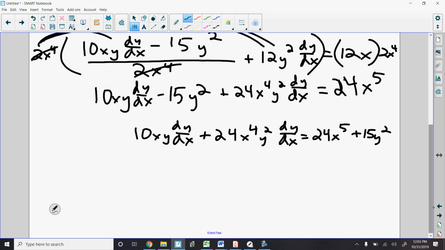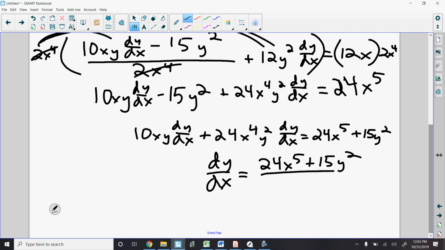So as I added that 15y squared over because it was negative over here, it's going to end up positive on the right. And then factoring and dividing, I'll do that in one step. Dy dx equals 24x to the fifth plus 15y squared over 10xy plus 24x to the fourth y squared.